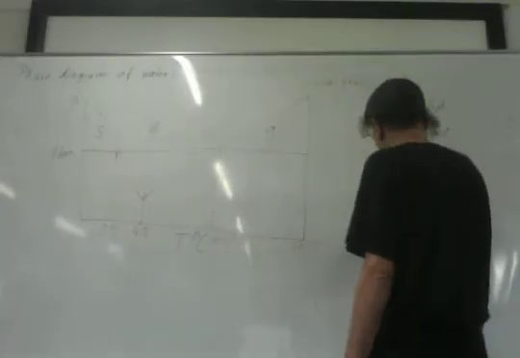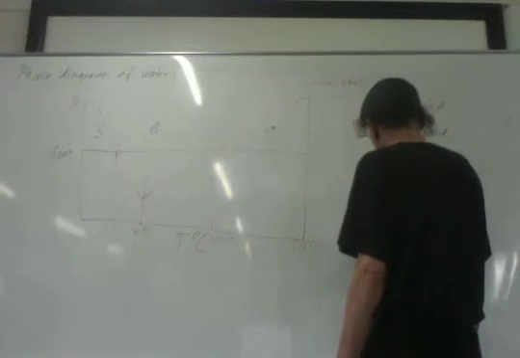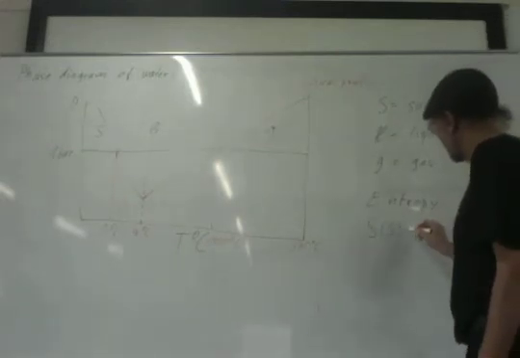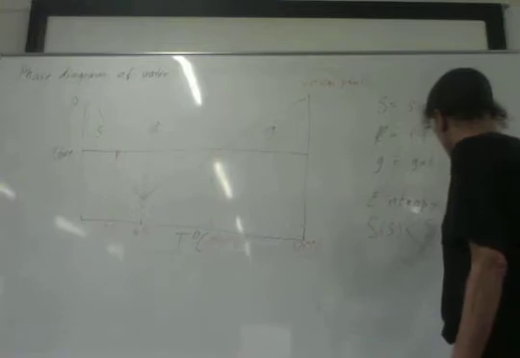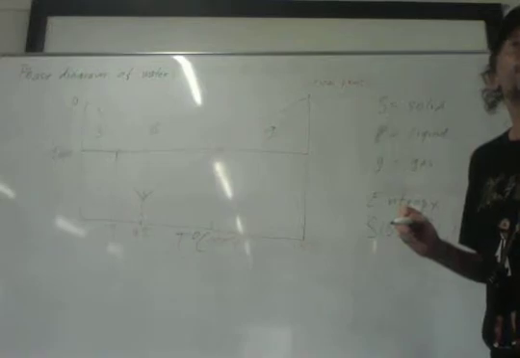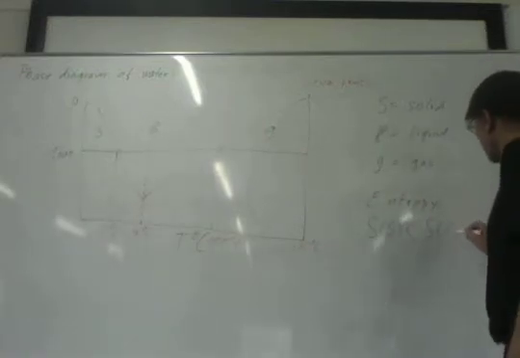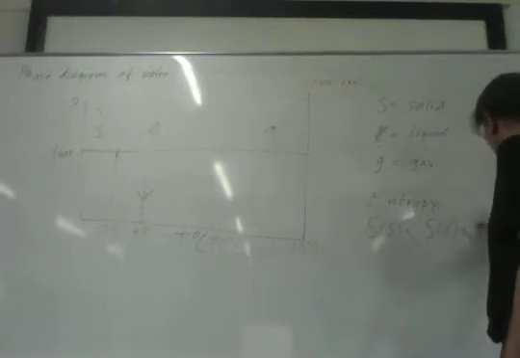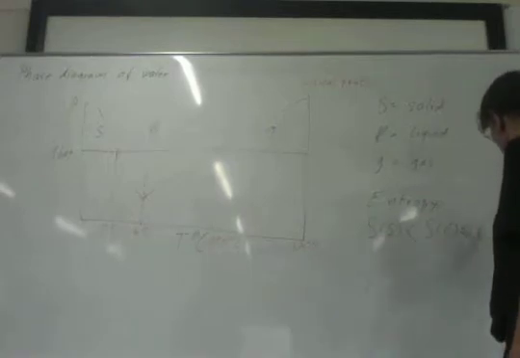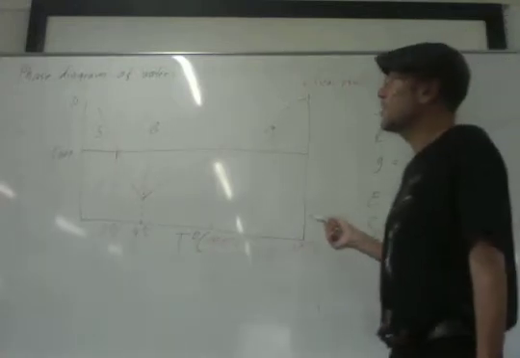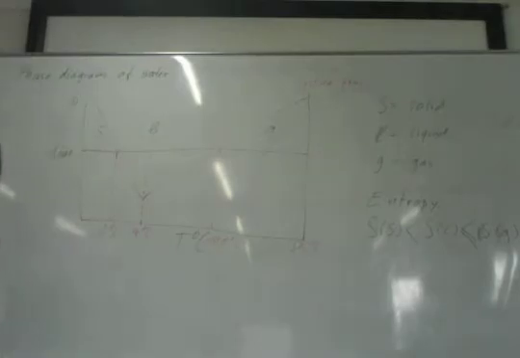For entropy we always write S, and here we write S_S. The entropy of the solid is smaller compared to the entropy of the liquid, and much smaller compared to the entropy of gas. That was a very easy thing, yeah? But that is very important in thermodynamics.